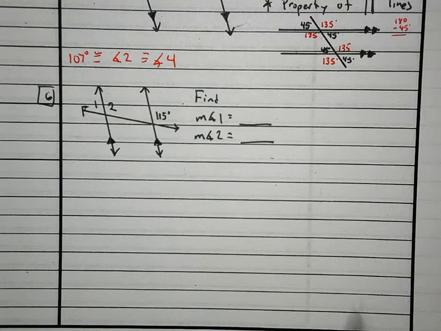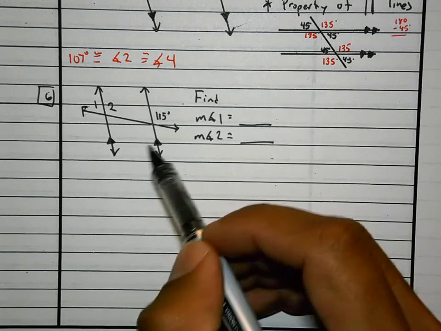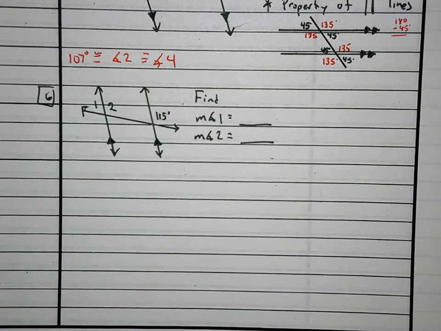You have to know if the lines are parallel or not. It only works if they are parallel. So I couldn't do the problem until I put these 2 little arrows there. Once I put those 2 arrows, then you know they are parallel. Then you know you can use the property of parallel lines.